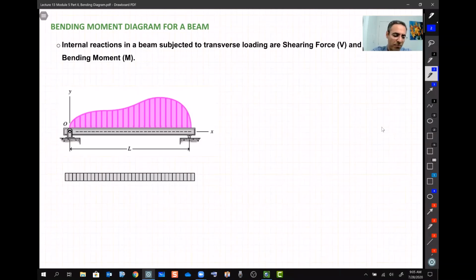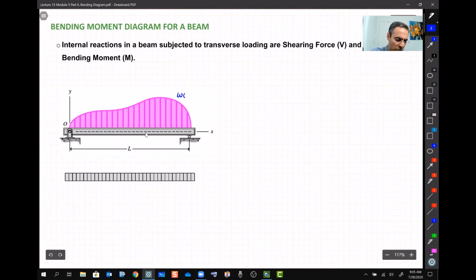Let's say you have a beam like this one that I showed here, and you have a general load. Let's call this load W, and because this W is not constant, it's changing, it's a function. This W is equal to any function, let's say f(x).